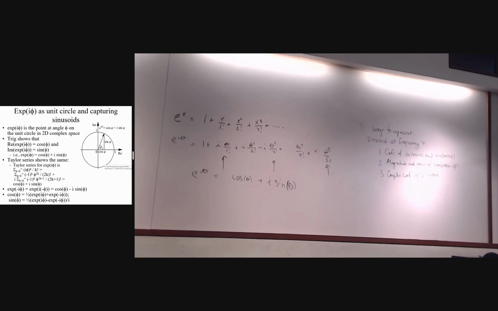If you look at the unit circle at angle phi, I called it theta over here, sorry, you see that the point on the unit circle has in its horizontal coordinate the value cosine theta, and in its vertical coordinate sine theta.